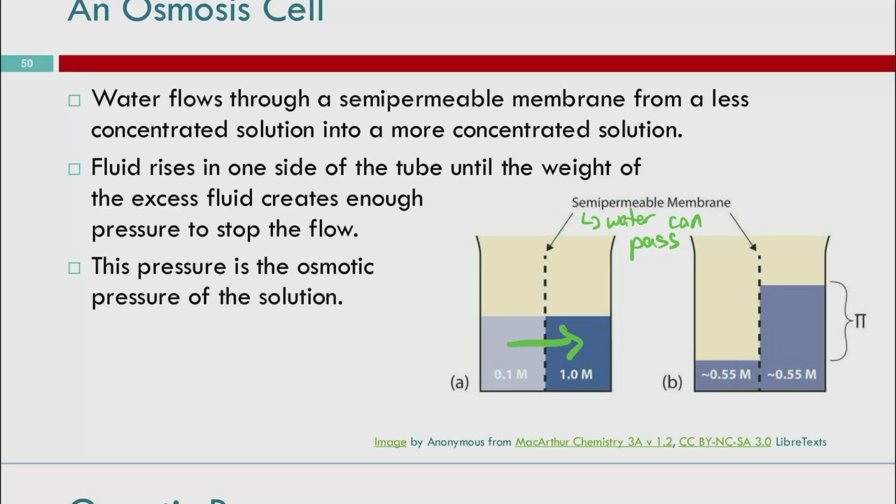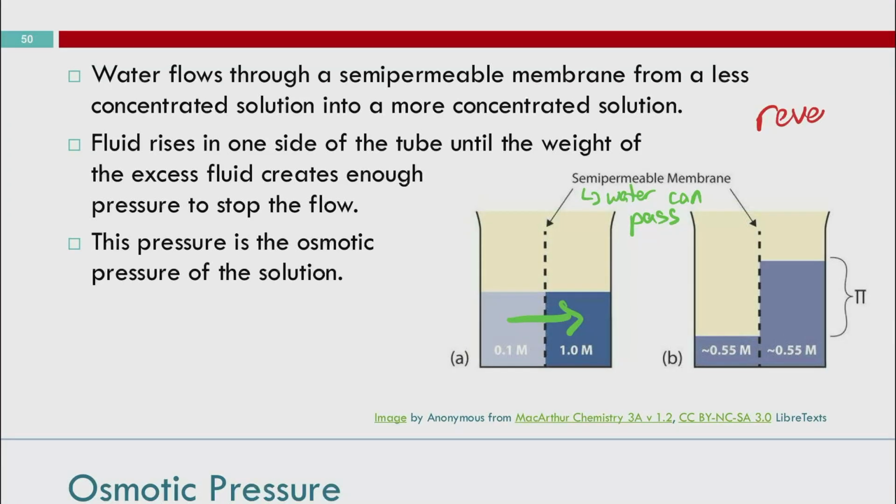What happens in reverse osmosis, rather than letting the water travel to the more concentrated side, is you add a bunch of pressure to one side, either by having a really tall column of water or more likely having big hydraulic press sort of things.